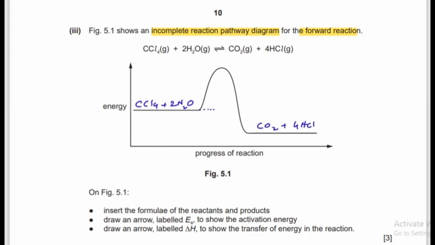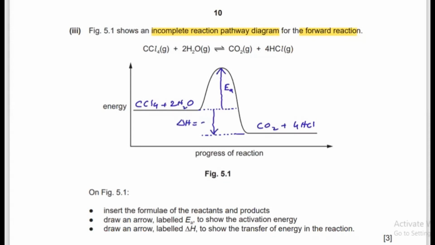Then the energy which is required to start the chemical reaction, that starts from reactants, is the activation energy. Then the difference of energies of reactants and the product is the enthalpy change. So this arrow shows the enthalpy change.